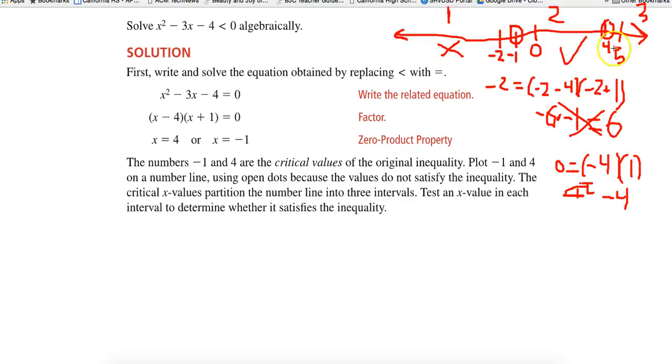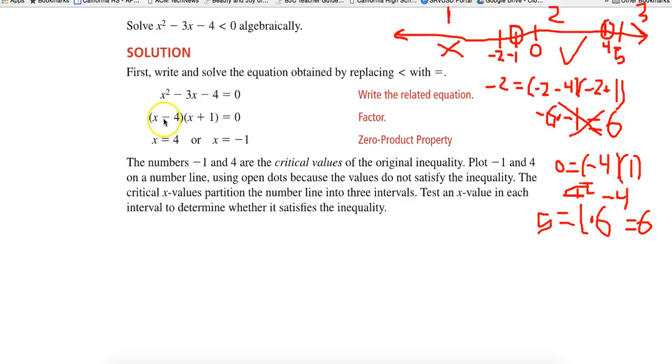Now, last one, we do 5. So if we do 5 right here, we go ahead and we get 5 minus 4 is 1, and we're multiplying that by 5 plus 1 is 6. So we get 1 times 6 equals 6.